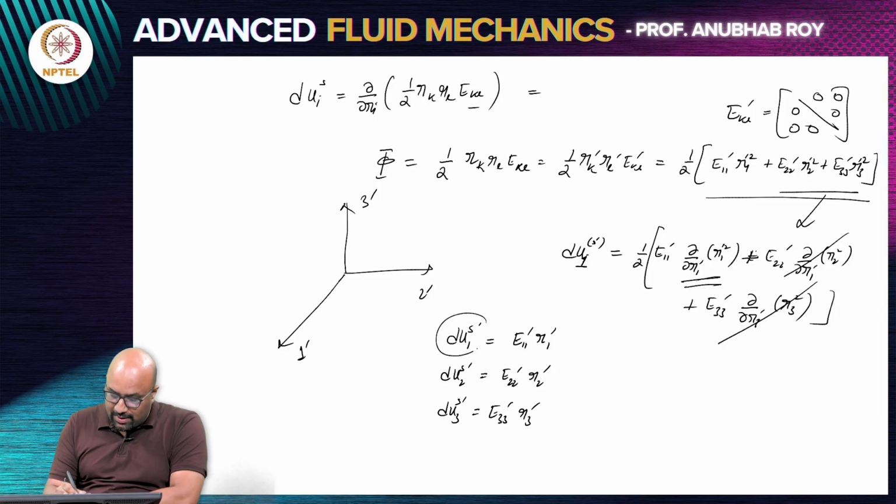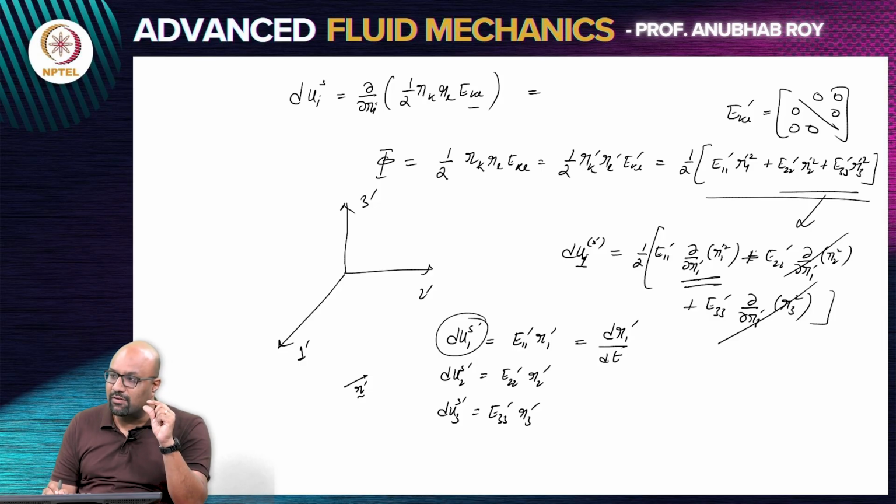Now, this is an increment in the velocity, right? So, we said that the separation between the 2 points is given by r, in this case I am writing it as r prime. If I have a small change du1 symmetric, this is going to be dr1 prime/dt.